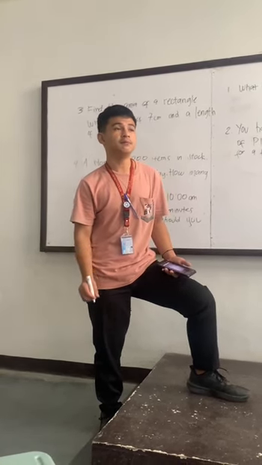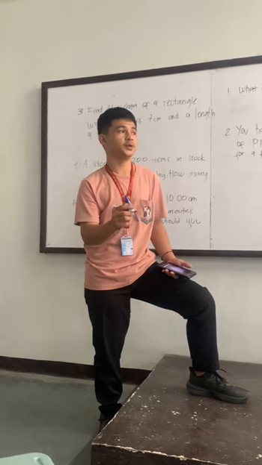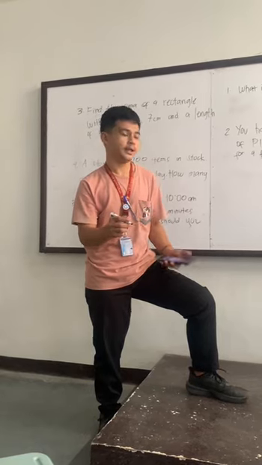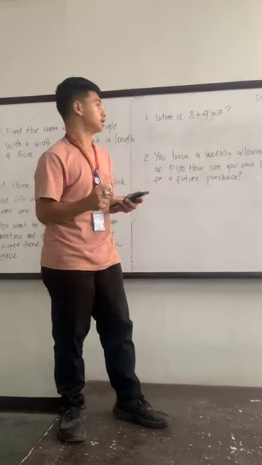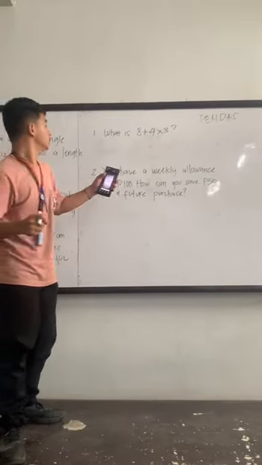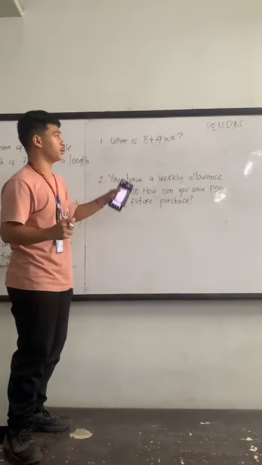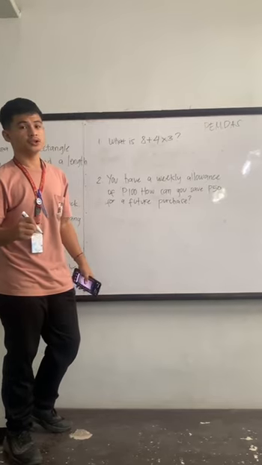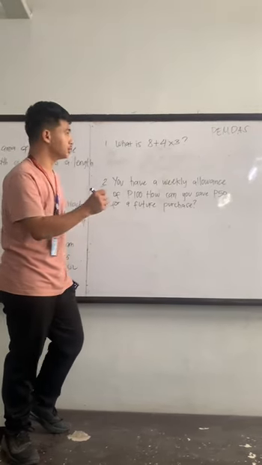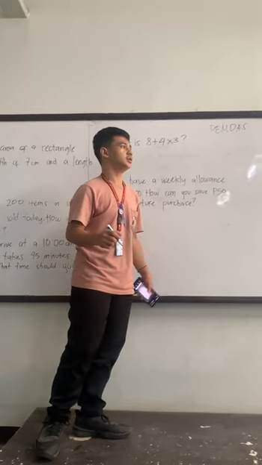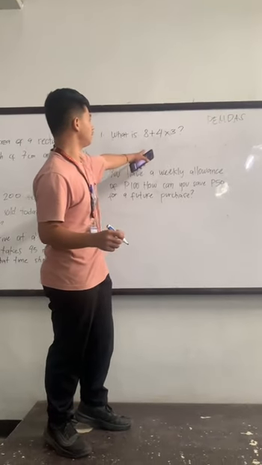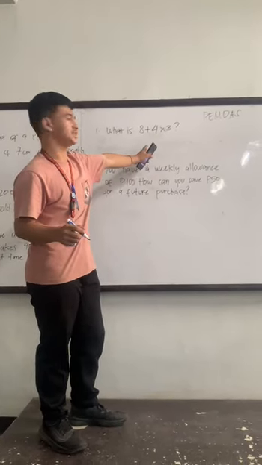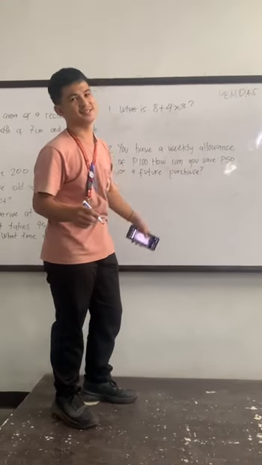So, simply, problem solving is you're going to solve a problem with a strategy. For the first example, what is 8 plus 4 times 3? You're going to use the MDAS rule, because there's no parenthesis.